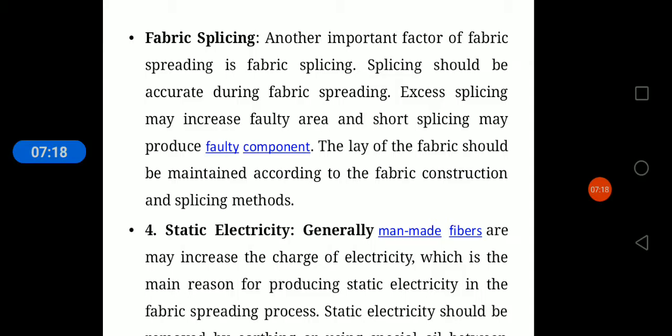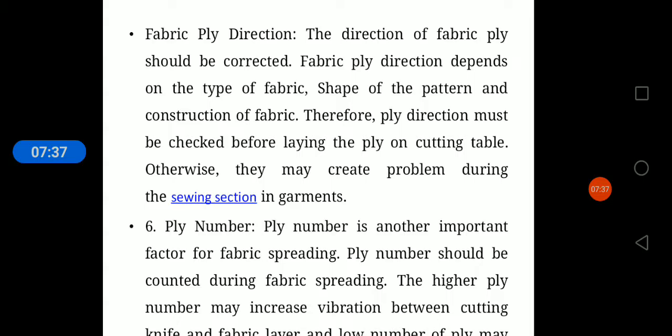Static electricity. Generally, man-made fibers may increase the electric charge, which is the main reason for producing static electricity in the fabric spreading process. Static electricity may also change the direction of the fabric ply.